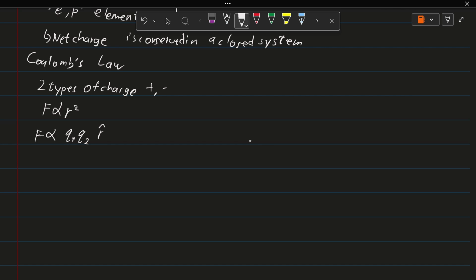So what we can observe now is that we can just write down the force, which is the proportionality constant multiplied by each of the charges in the r hat direction over the distance r squared. Oh sorry, this is 1 over r squared, technically.